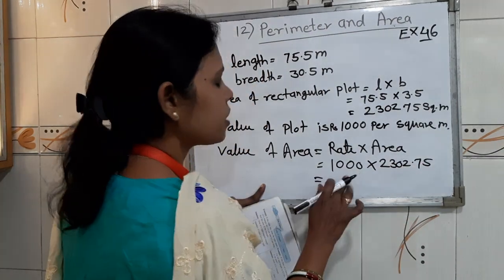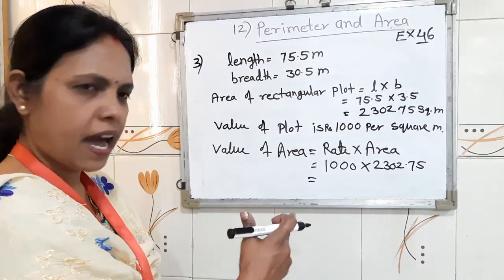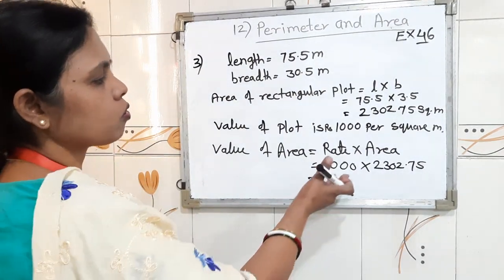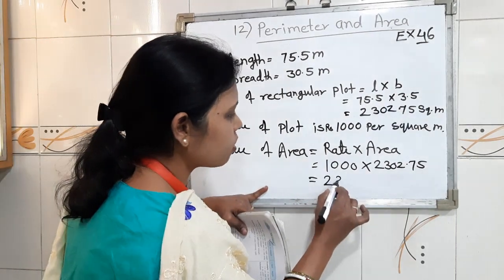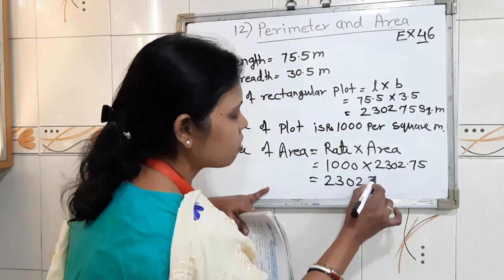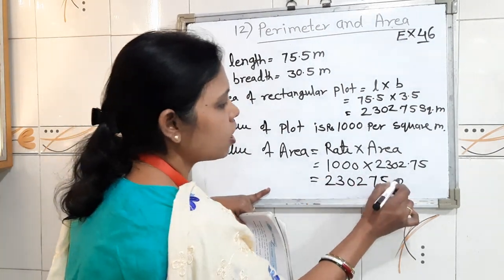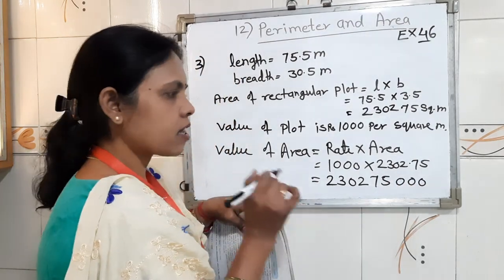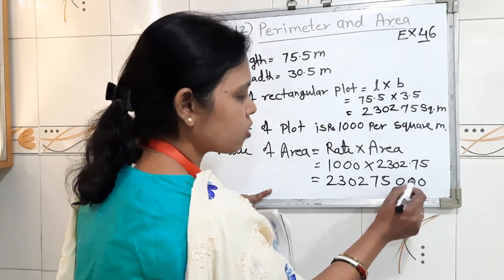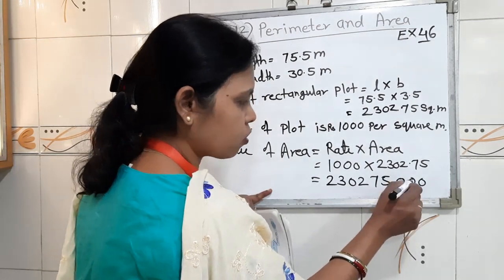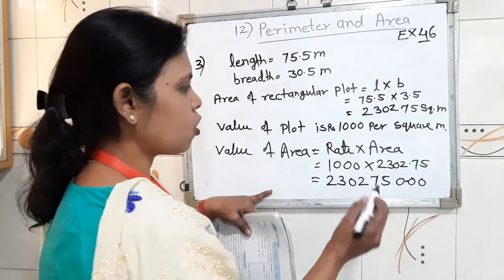Then when we multiply, children, here no need to multiply separately because 1000 is there. What you will do? Write down the given number 2302.75 and put 3 zeros, 1 2 3, and after 2 digits decimal is there. That's why before the last 2 digits, put the decimal. Then how many rupees you got?